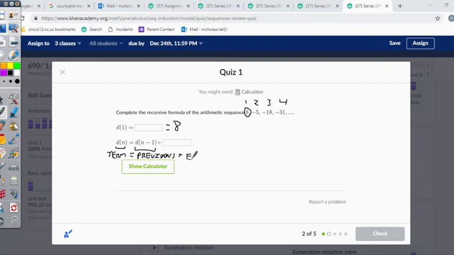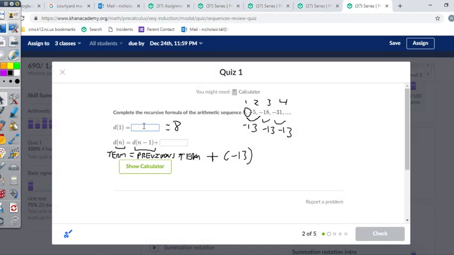Because this sequence is arithmetic, and we are adding minus 13, minus 13, minus 13, it's the previous term plus, what is that going to be? Negative 13. So our first term is 8, and each next term will be the previous term plus negative 13, or minus 13.